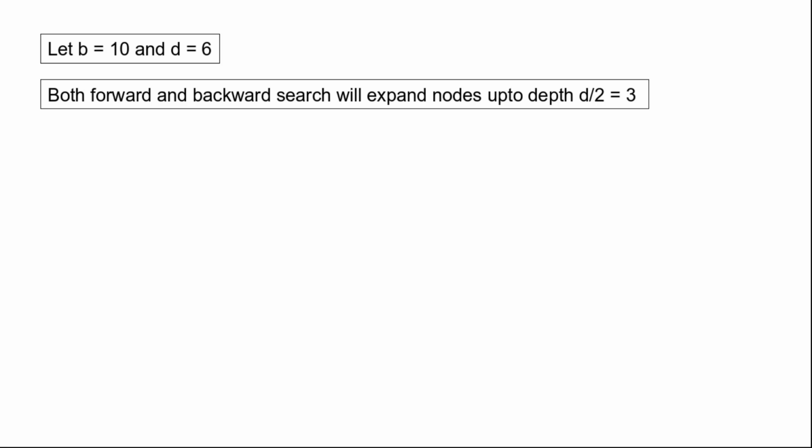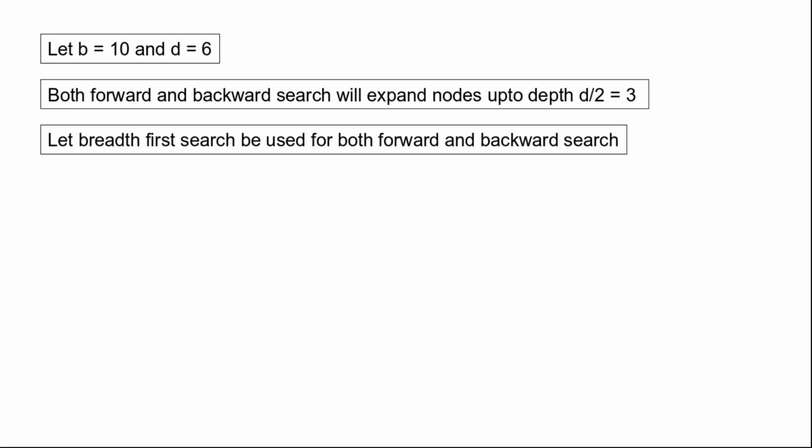So forward search will go up to depth 3, and backward search will also go to depth 3 in the backward direction. Let BFS be used for both forward and backward search.